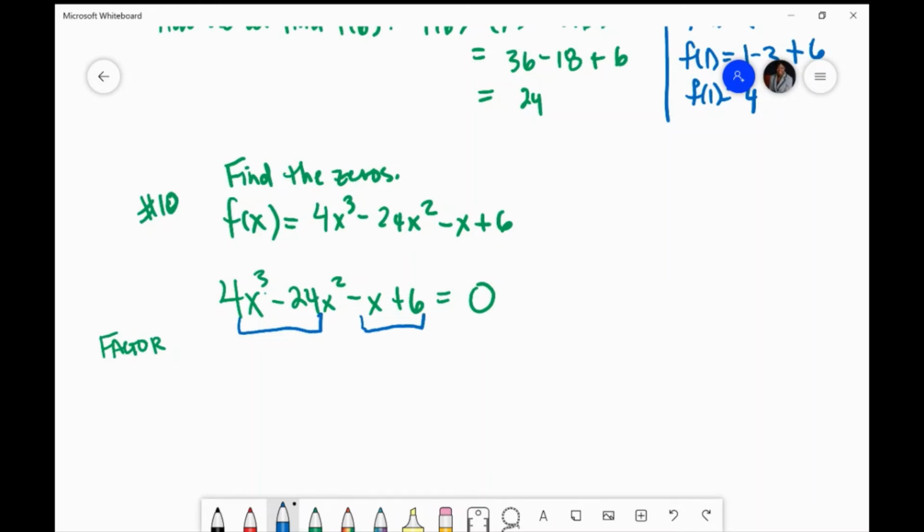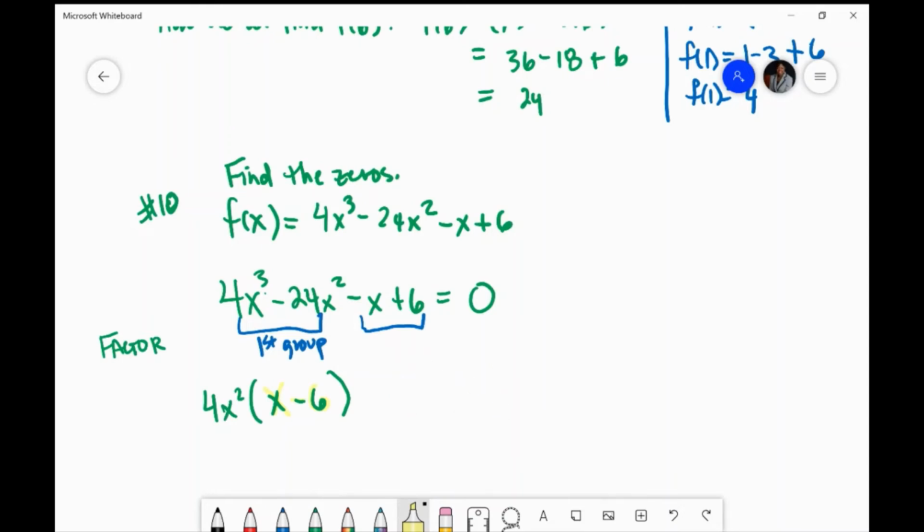This is the first group. Is anything in common with the first group that we can take out? 4x squared. 4x squared times what? x minus 6. Now this is what we want over here. We want x minus 6 again or it won't work.